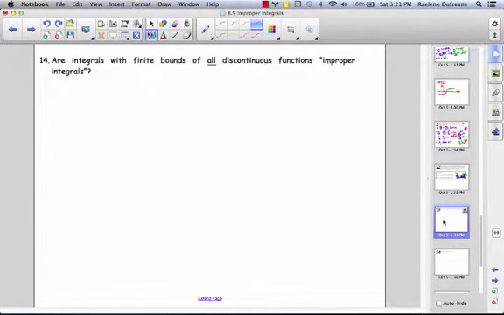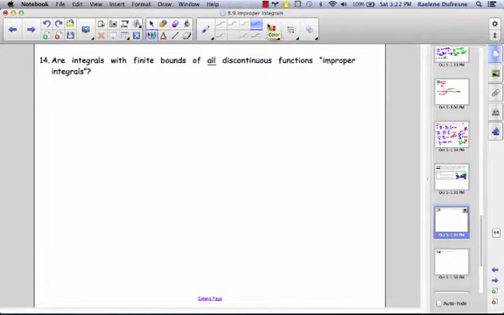So we want to discuss whether integrals with finite bounds of all discontinuous functions are improper integrals. Well, just because we have a discontinuity, it does not mean that we have an improper integral. For example, going back to Calc 1, we can recall the existence theorem for definite integrals.